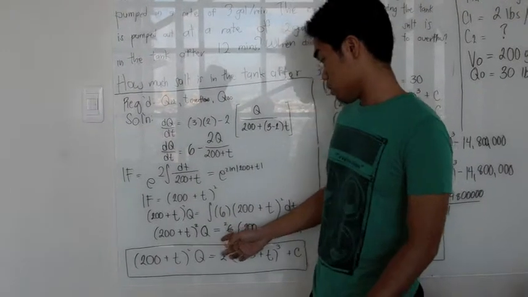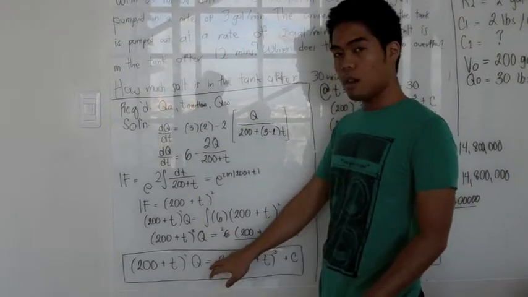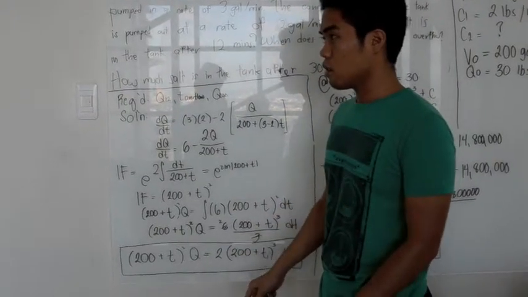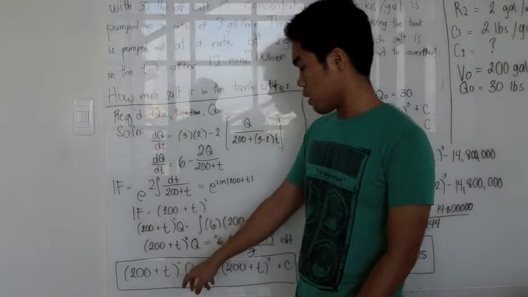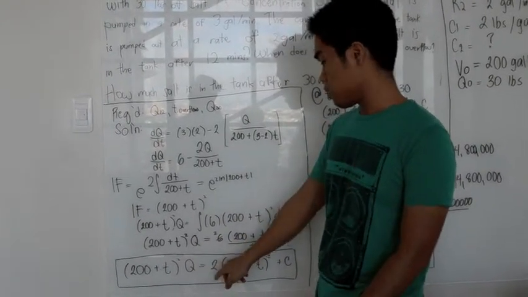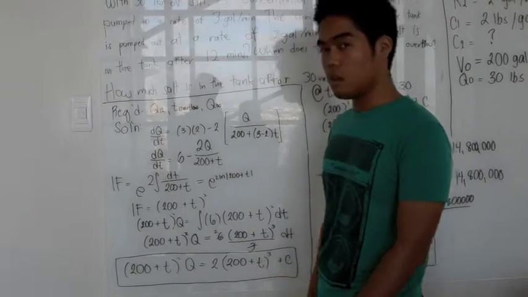So then, we'll get this equation, and our final solution to the differential equation is 200 plus t squared times Q equals 2 times 200 plus t cubed plus C.